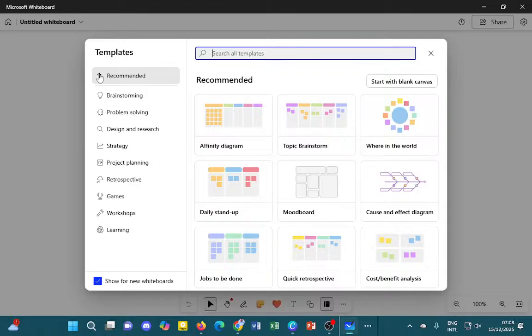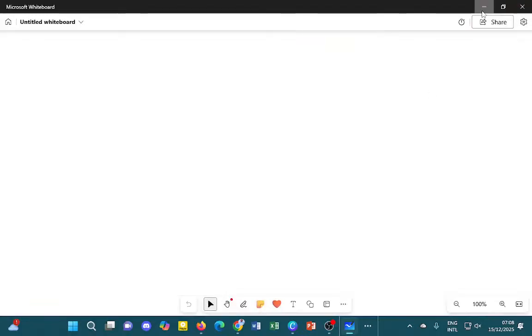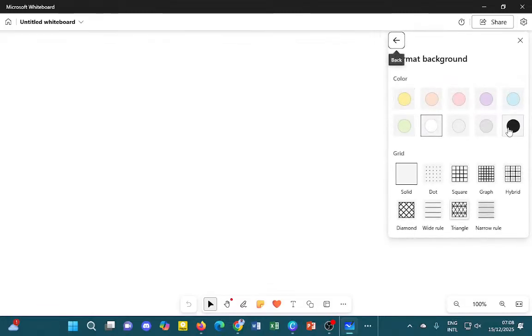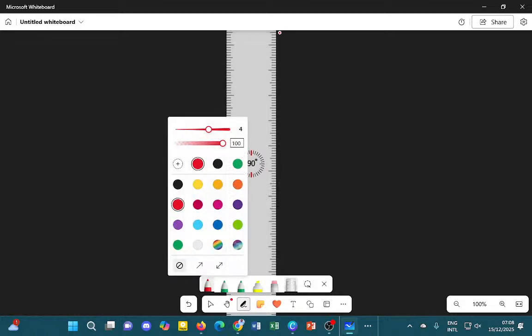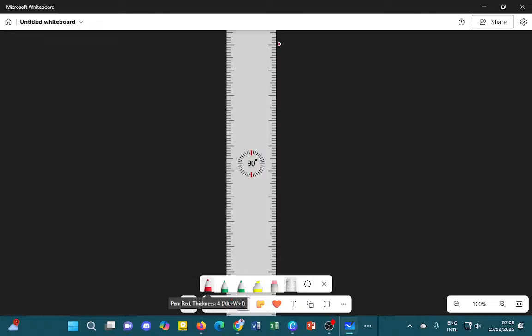We pick the blank canvas for this purpose, and as usual I want to make the background dark so that it looks like an old school board. For the sake of neatness, I bring this as such. I collect my pen and we continue.